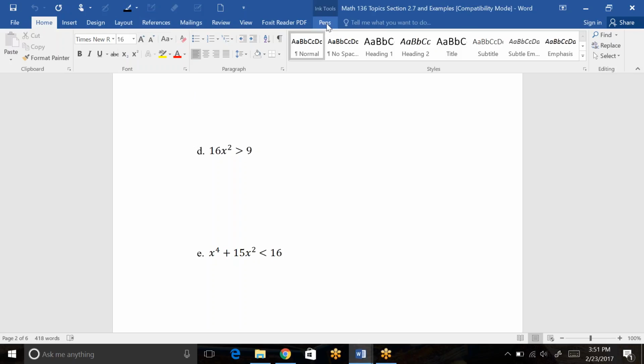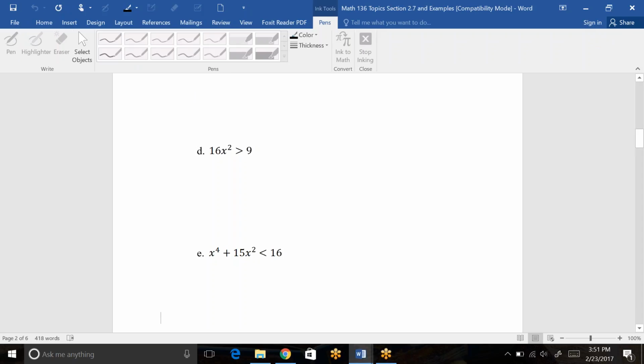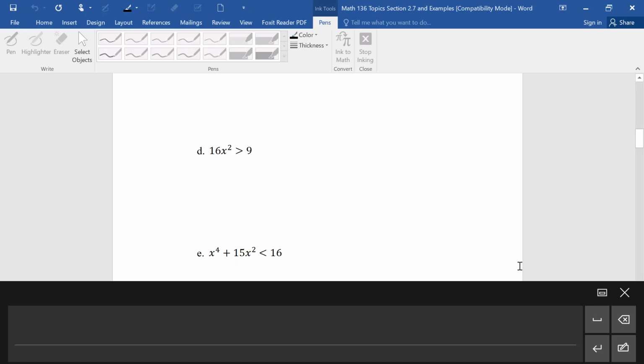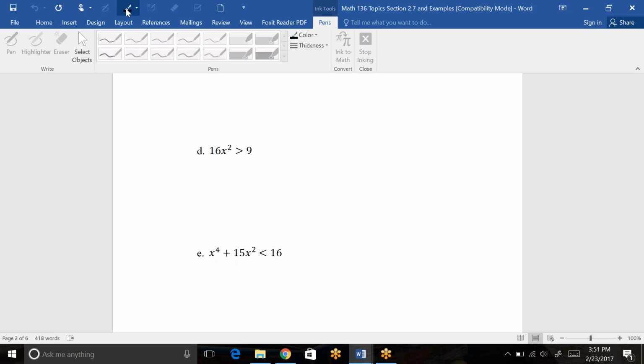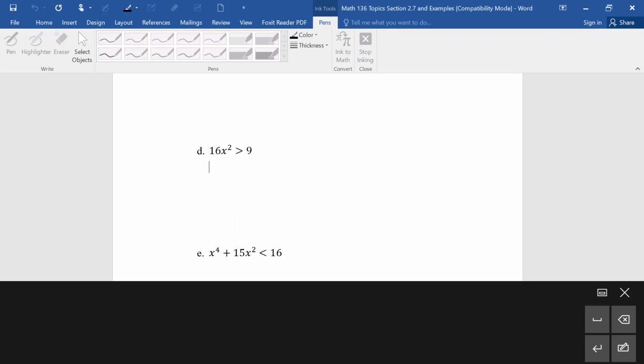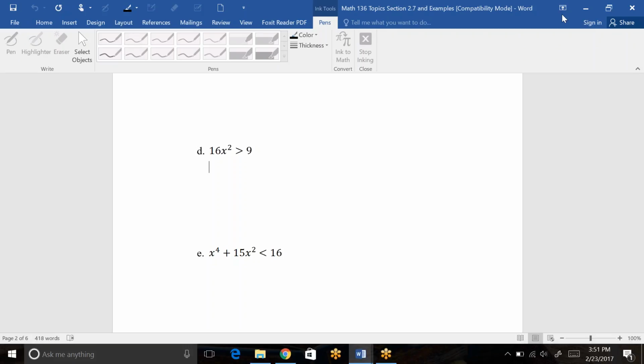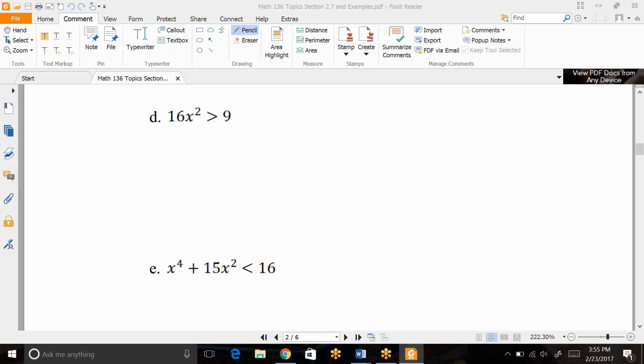So for D, remember the idea that we have to get this with a 0 on one side. So the first thing we would need to do is to move over the 9. If we subtract that over, we're going to get 16x squared minus 9 is greater than 0. Then we can factor this using the perfect square method.